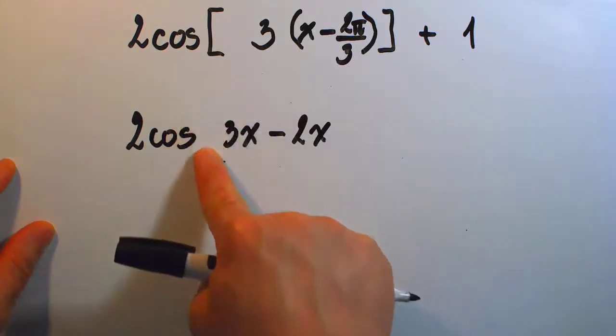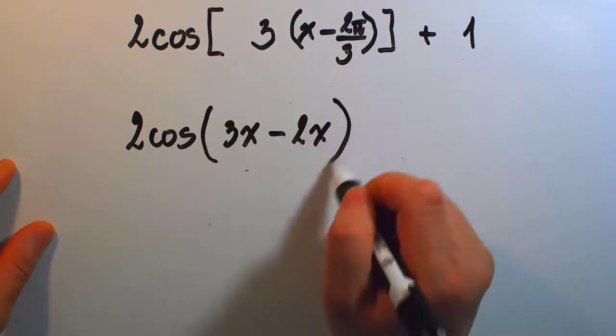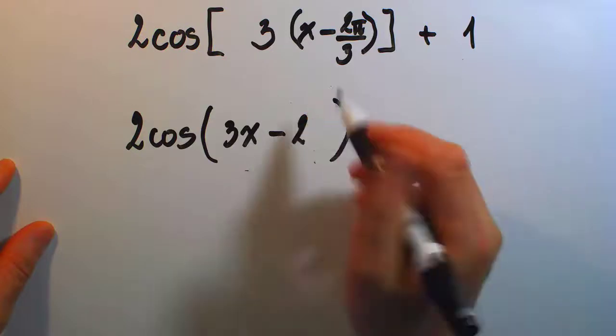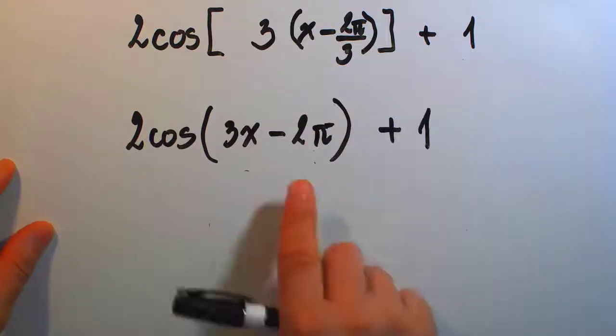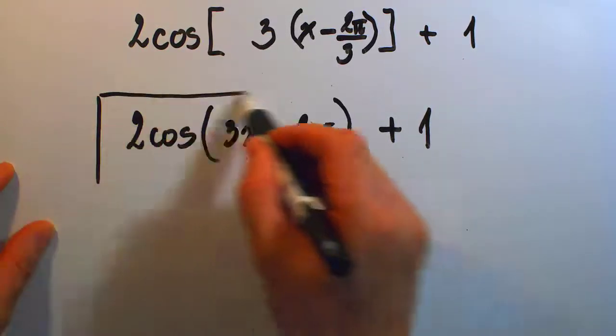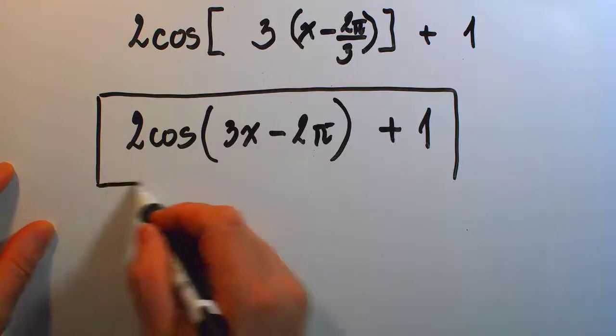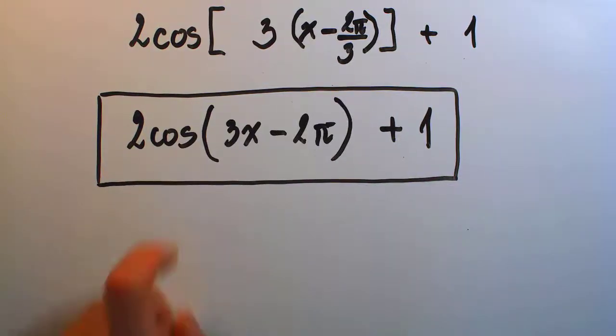And now I can just use parentheses instead of brackets. And plus 1. And here's the same sinusoidal graph, but another way I can express it as a cosine function.